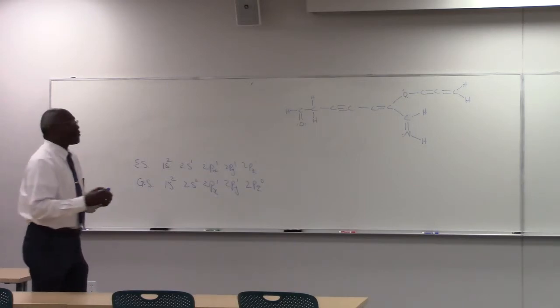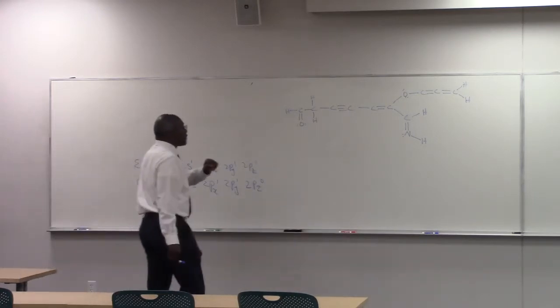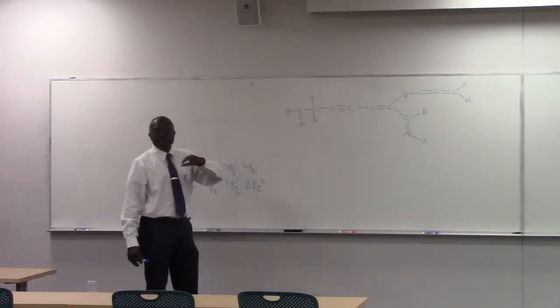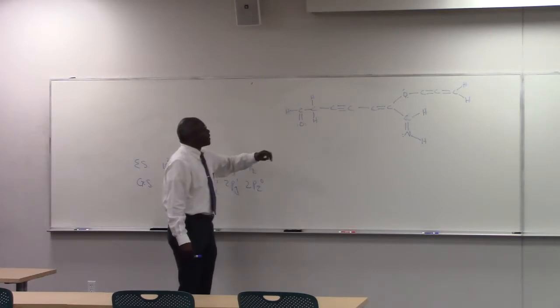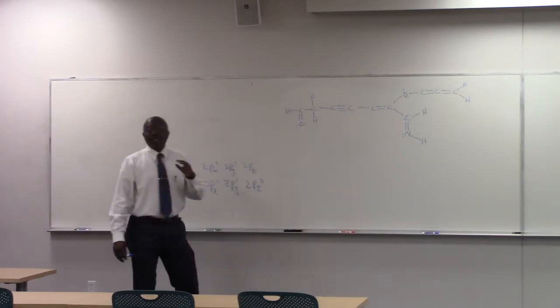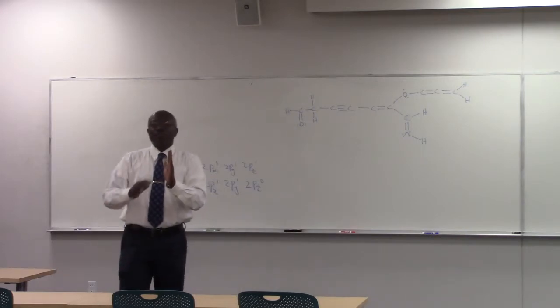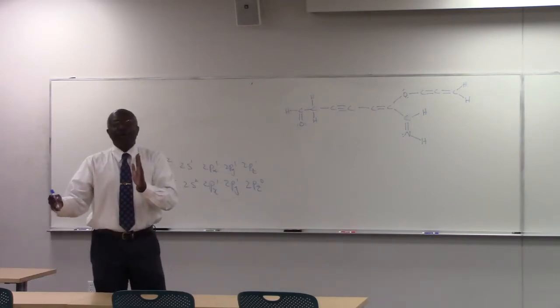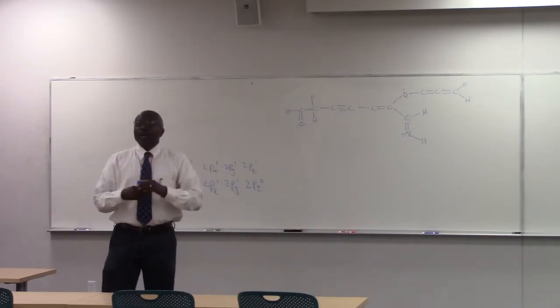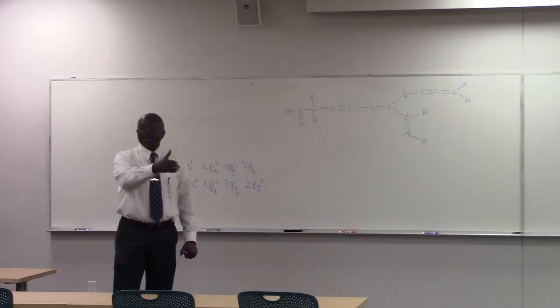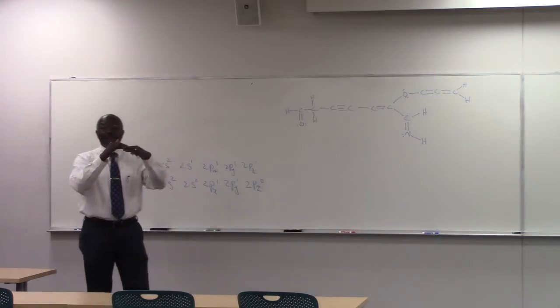And the question behind the question is, first of all, how many pi bonds do the carbon atoms form? Because that will inform you as to how many p orbitals the carbon atom needs to reserve for pi bond formation. Because remember, pi bonds are formed exclusively by p-p overlap, and it must be side-on.